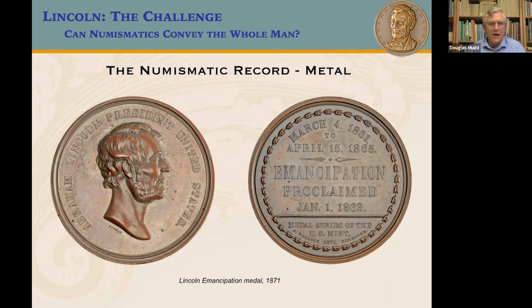I would consider this to be a bit of a hopeful image based on its ideal look and the expression that is conveyed by his eyes and the tilt of his head. And this is one of the very nice medals produced by the U.S. Mint.